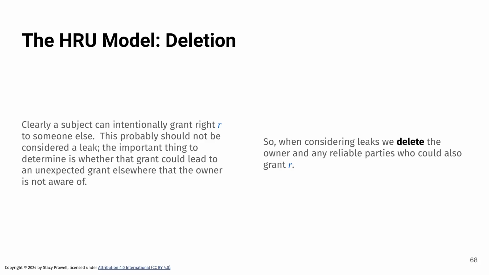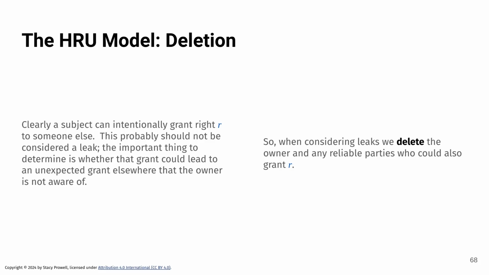So we remove me from the model. Since we've removed me, I can't grant that right. I'm the file owner, but I'm not in it anymore, so our analysis doesn't include cases of me granting that right.